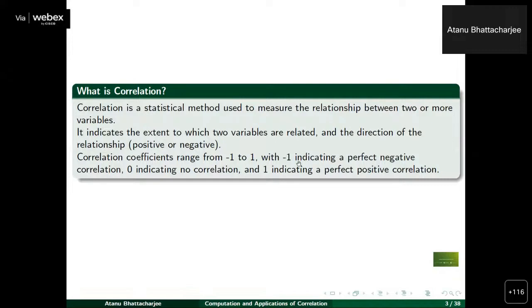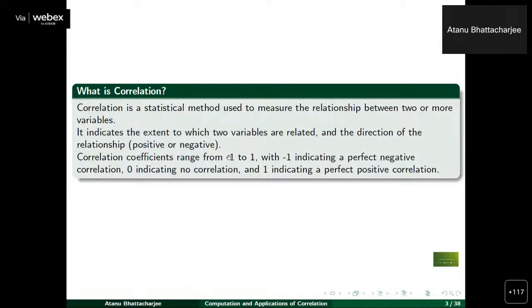The -1 indicates a perfectly negative correlation, +1 indicates a perfectly positive correlation, and 0, which lies between -1 and +1, indicates that there is no correlation between these two parameters or features. I keep changing the terminology, parameter, feature, variable, but in this context they are the same. So nothing to be worried about.